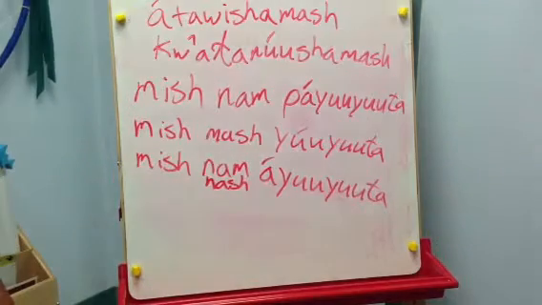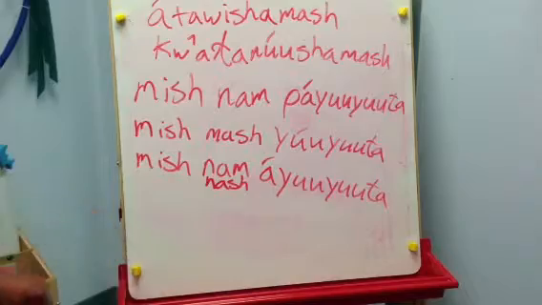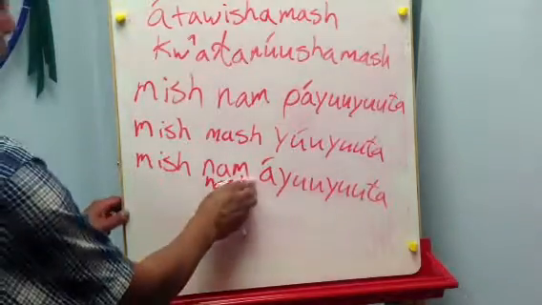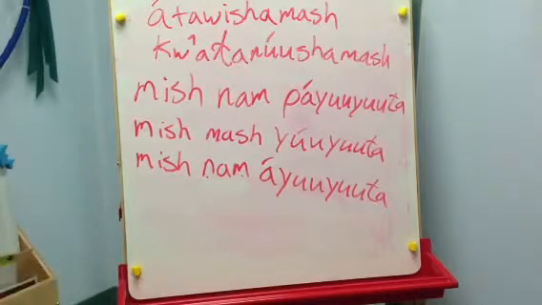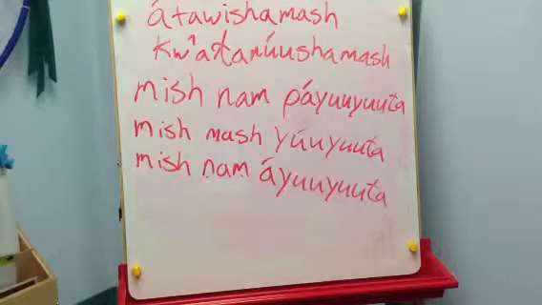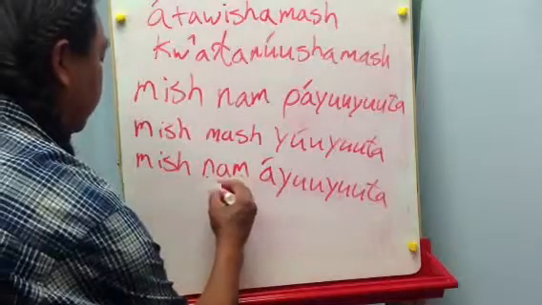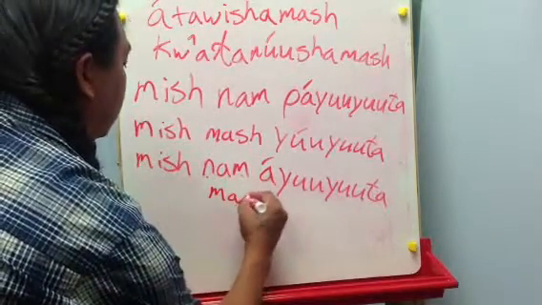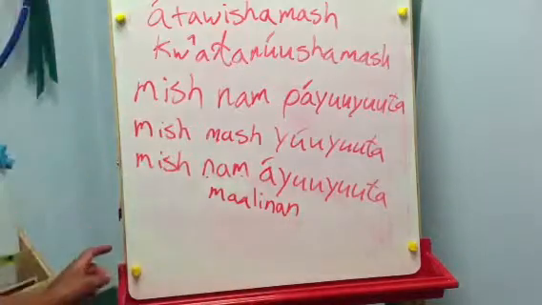Now if you wanted to say, let's stick with, will you call her? Mishnam ayu yuta. Accented a. And let's say that you say the person. Mishnam ayu yuta Malinan.